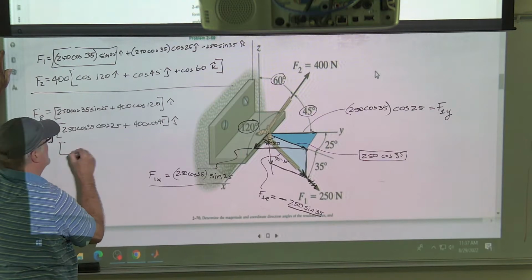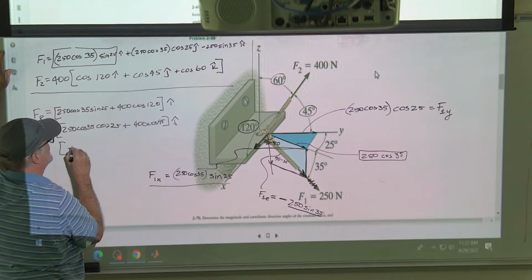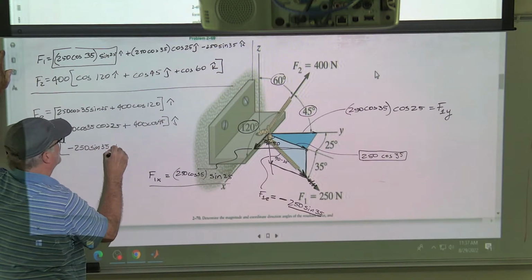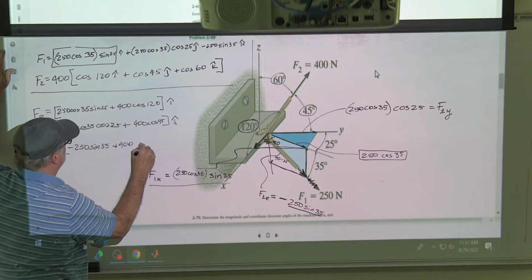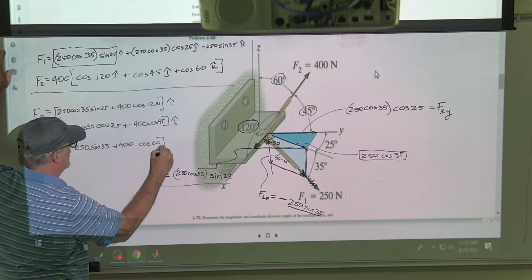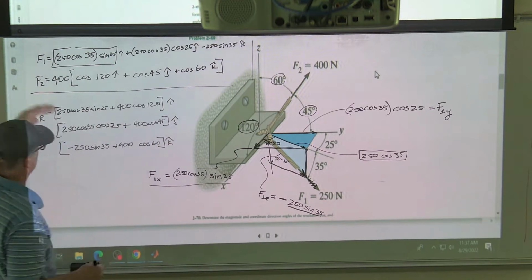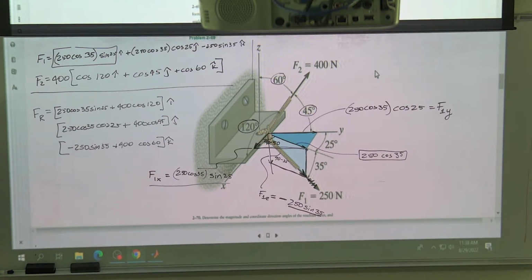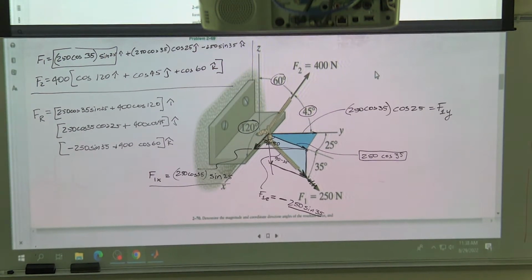And then the final one is the minus 250 sine 35 plus 400 cosine of 60. And that's K.